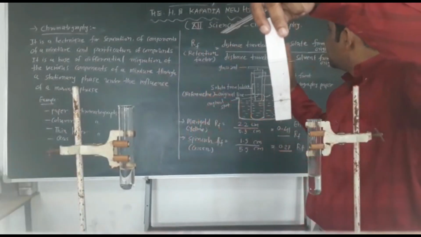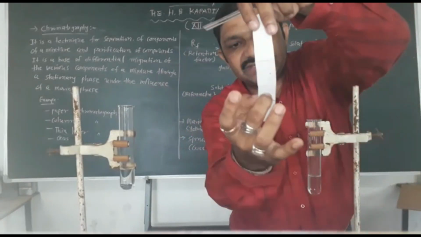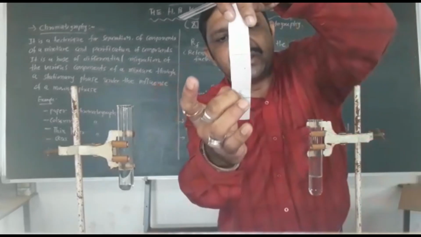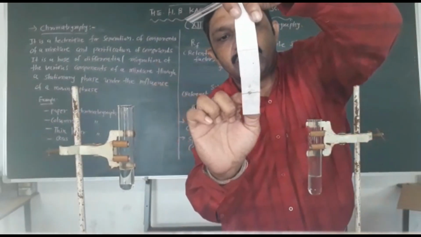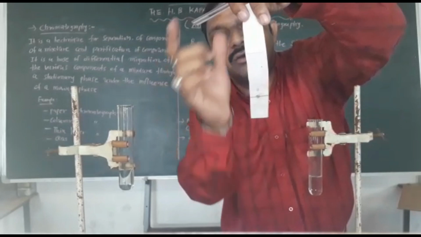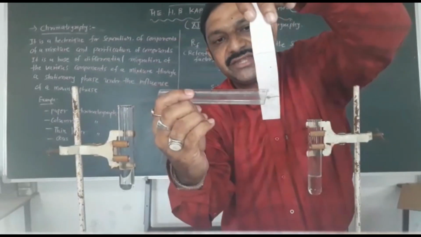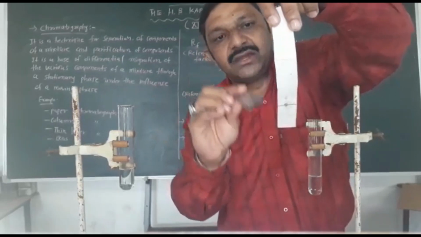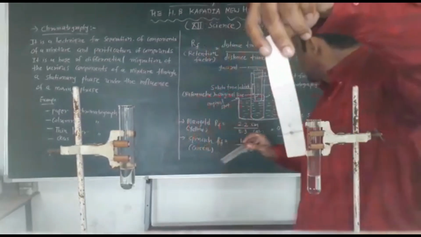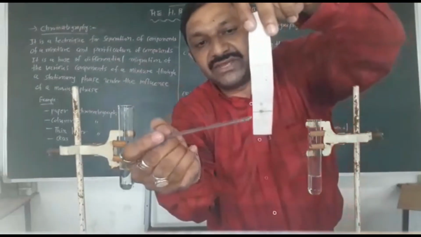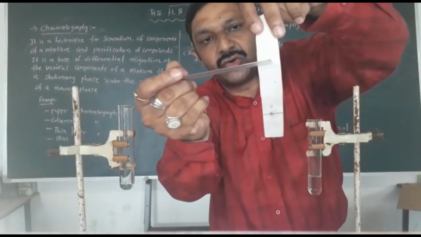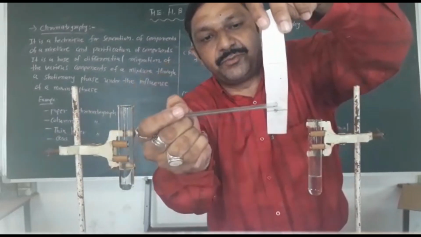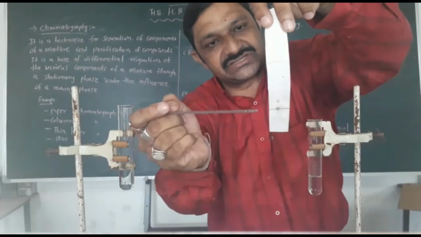The distance traveled by the solute, from the dot side to here, is 1.5 centimeter only, and the solvent distance, here to here, is 5.5 centimeter. So 5.5 solvent and 1.5 solute distance.